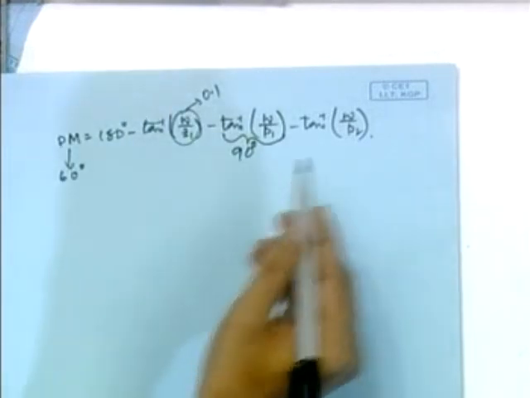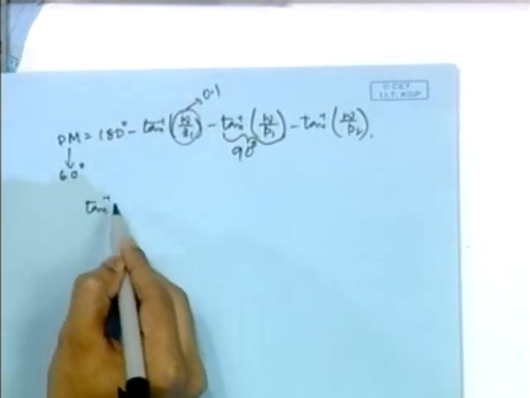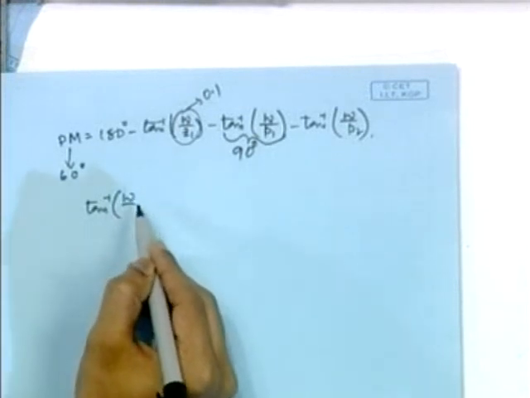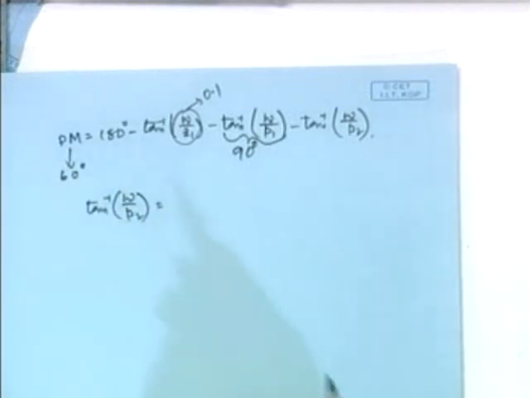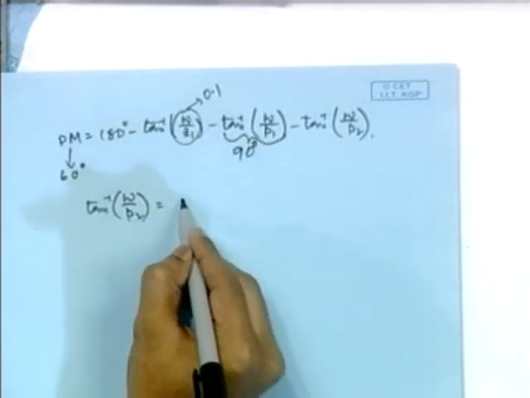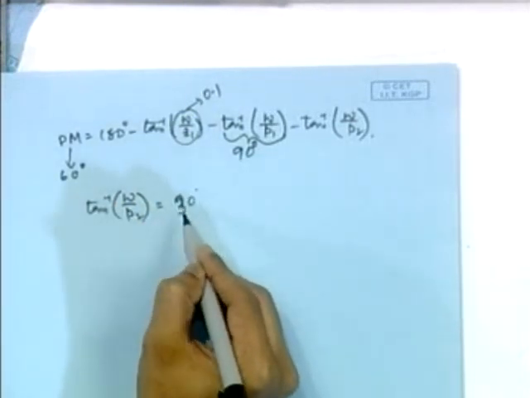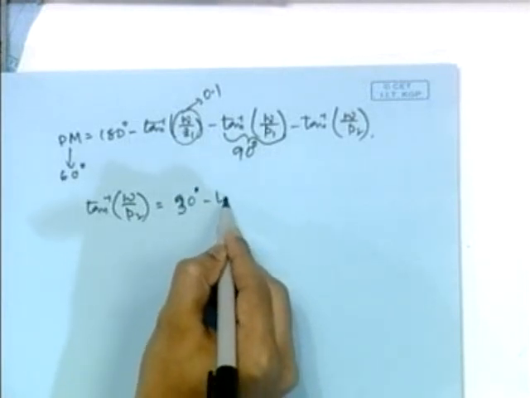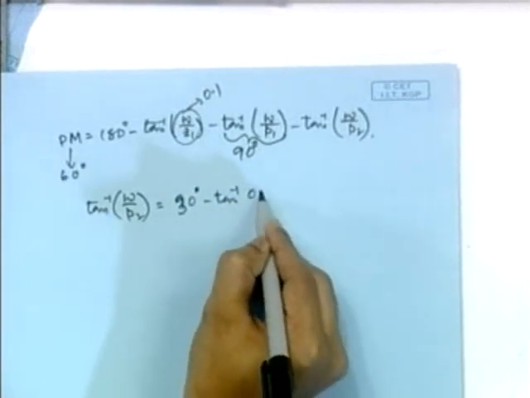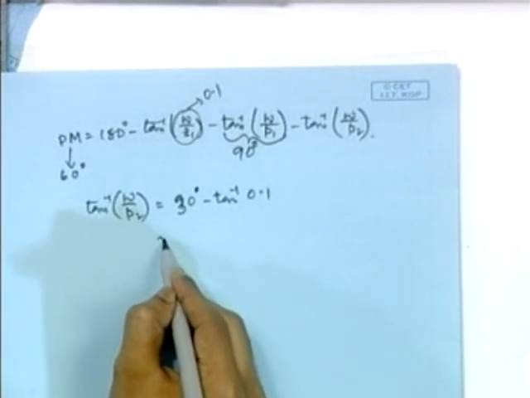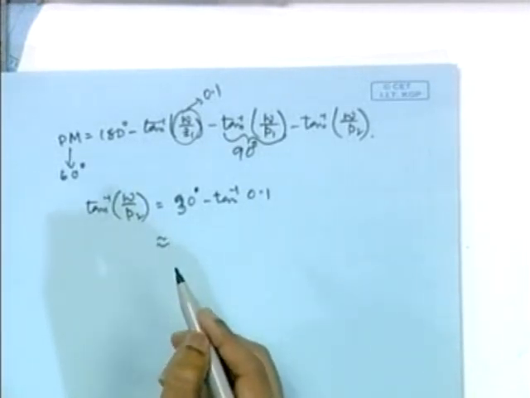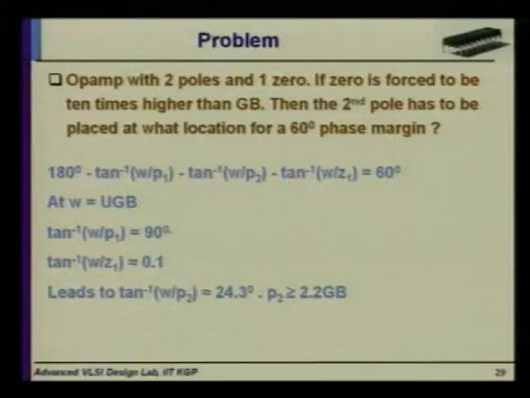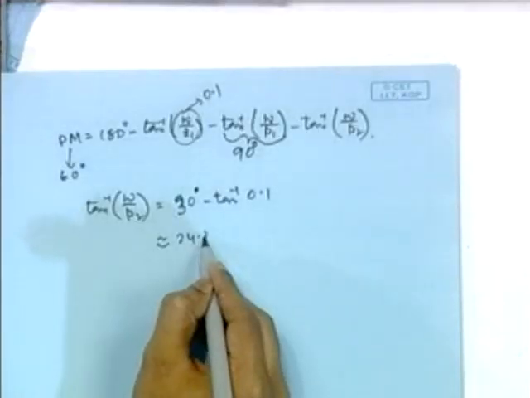So tan inverse omega by p2 should be 90 degree minus 60, that means 30 degree, minus tan inverse 0.1, which gives you a value of something like 24.3 degree.